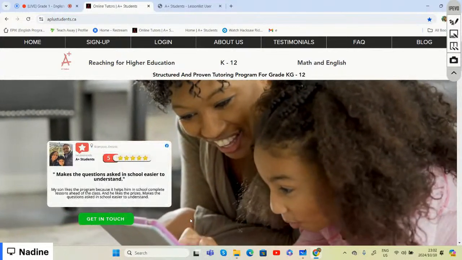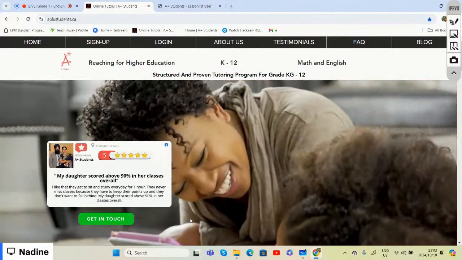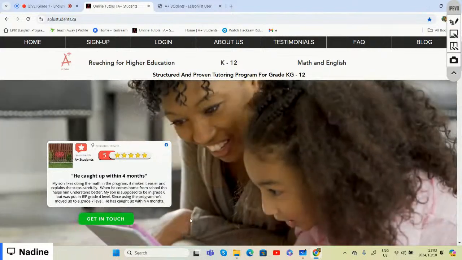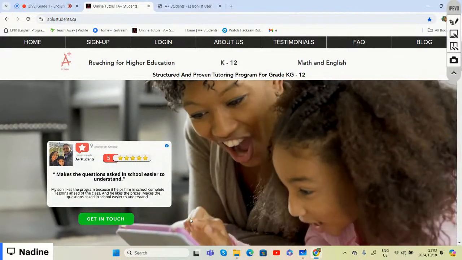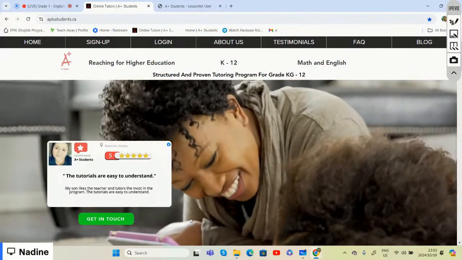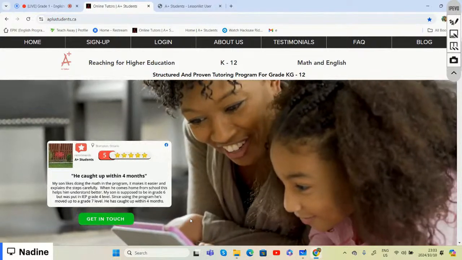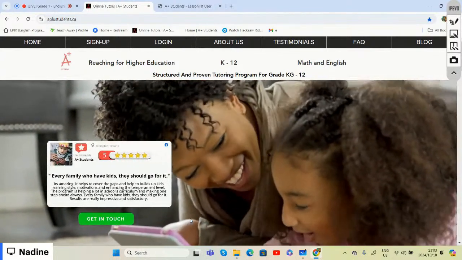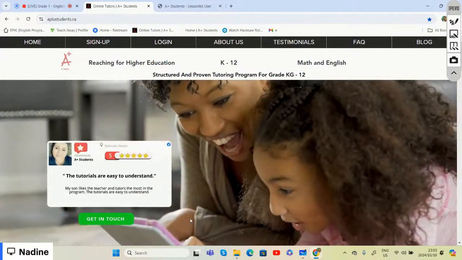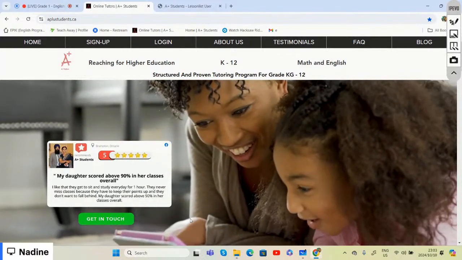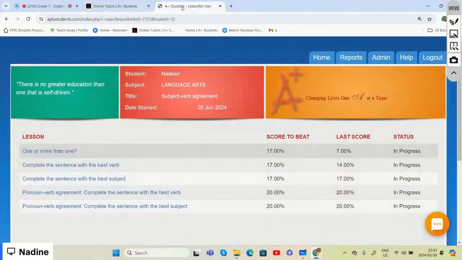Once we've logged on to aplusstudents.ca with our username as well as our password, we're doing grade 1. And then we're going to scroll down until we get to our chapter of subject verb agreement.